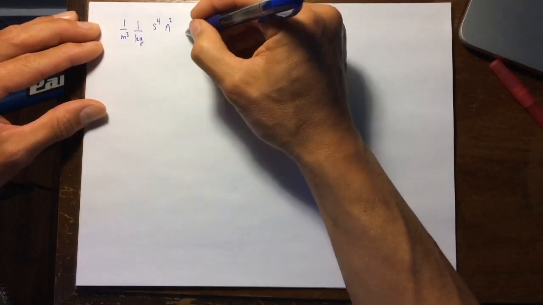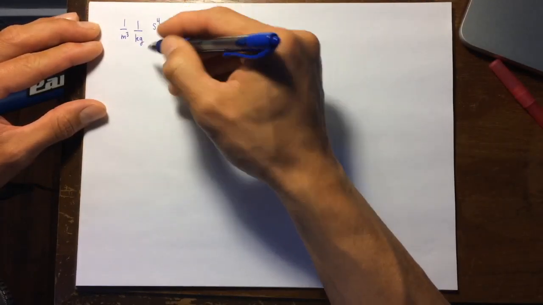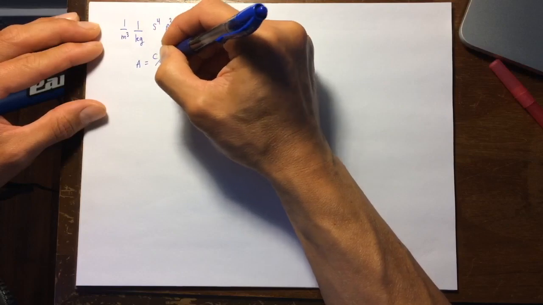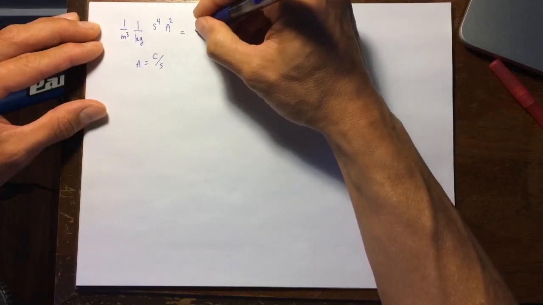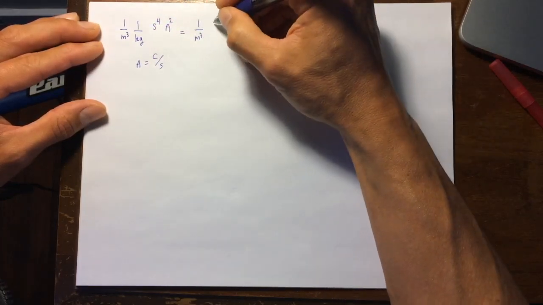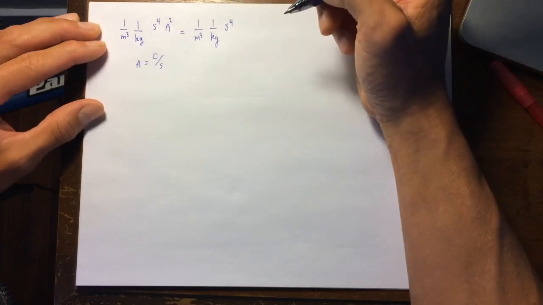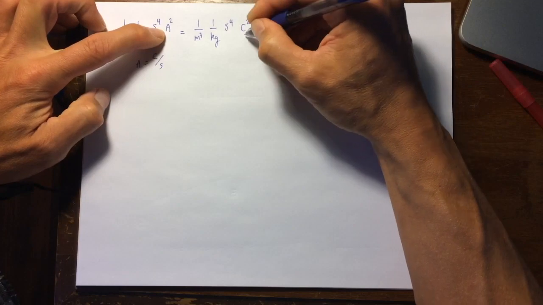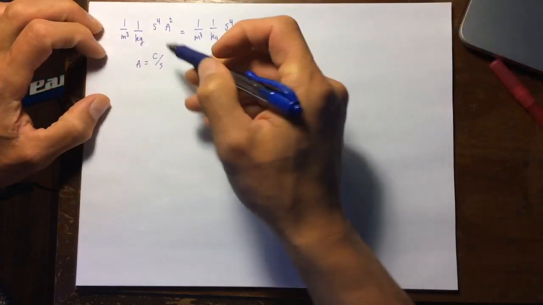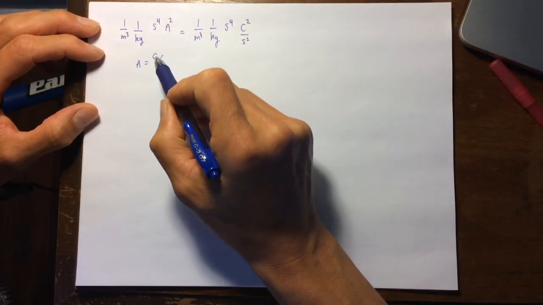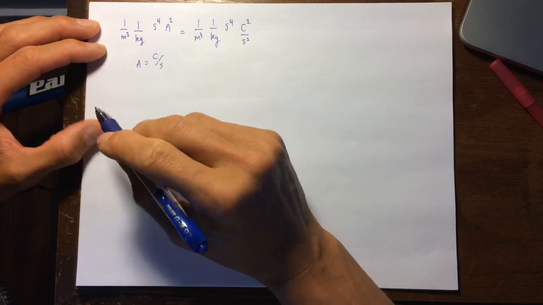These are just the units. The amp is a coulomb per second, so I get 1 over a meter cubed, 1 over kilograms, seconds to the fourth, and coulombs squared per second squared. That's what happens to the amp, right? I get 2 factors of Coulomb, 2 factors of the second.